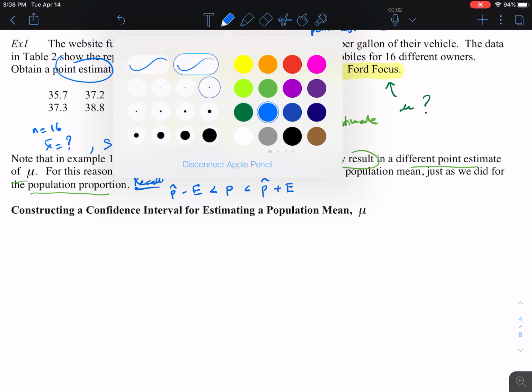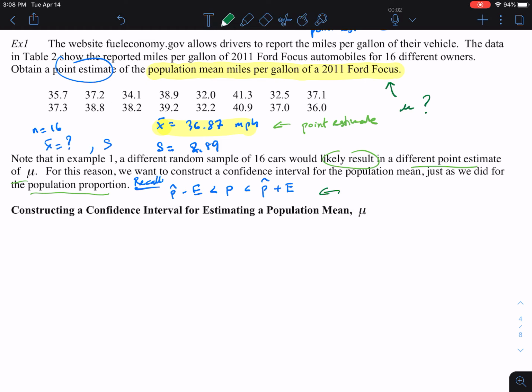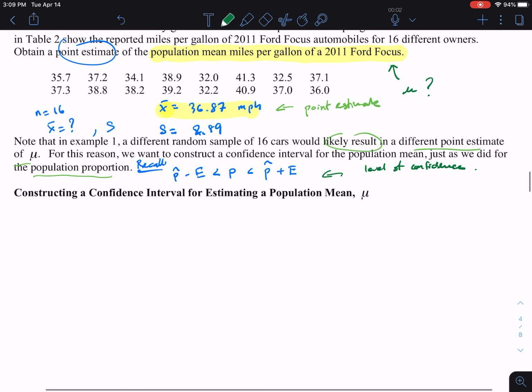At the same time, we have some sense of the level of confidence with this interval. And in the last videos, we discussed what it means when we say that we are 95% confident versus 99%. All that was discussed in the previous video.